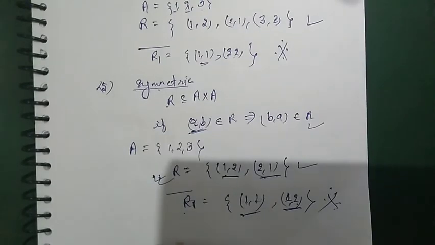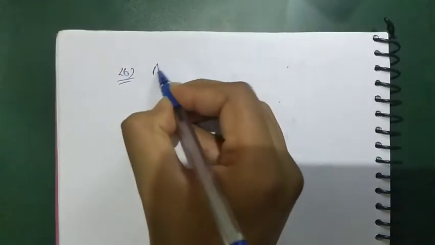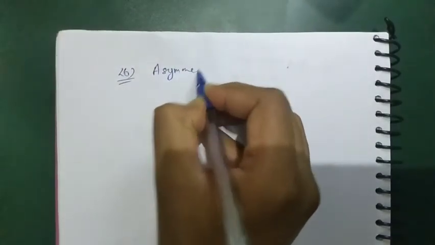Now we are moving to the sixth type of binary relation. Number 6 is the asymmetric relation.